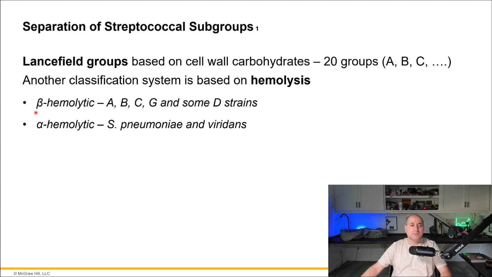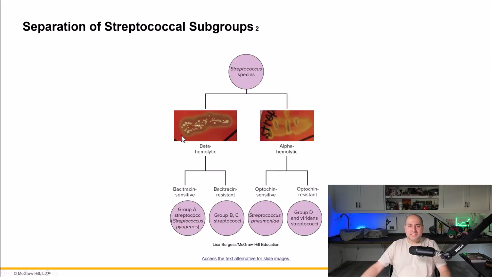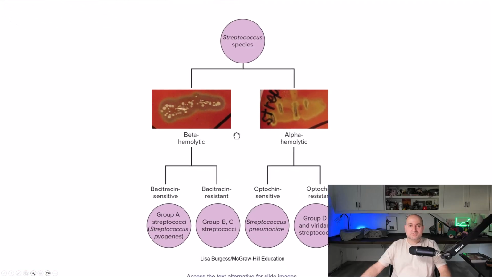Remember, they can completely lyse and completely break open red blood cells, whereas S. pneumoniae, Streptococcus pneumoniae, and Streptococcus viridans are alpha hemolytic, right? They are able to partially rupture those red blood cells. So again, you can see here the separation of the streptococcal subgroups.